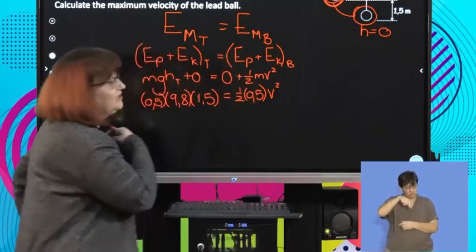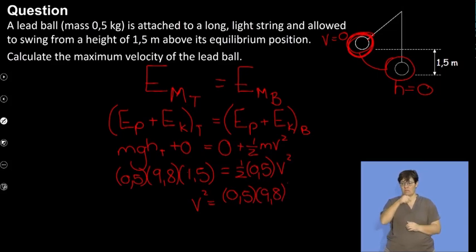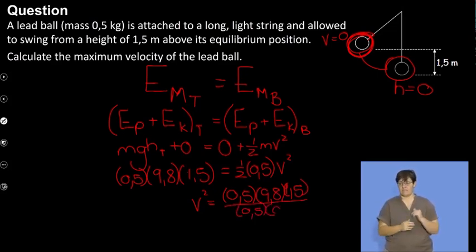So what I'm going to do is make my life a little bit easier. I want to show you the maths. So v squared is going to be equal to a half times 9.8 times 1.5, divided by a half, which is 0.5, times 0.5.